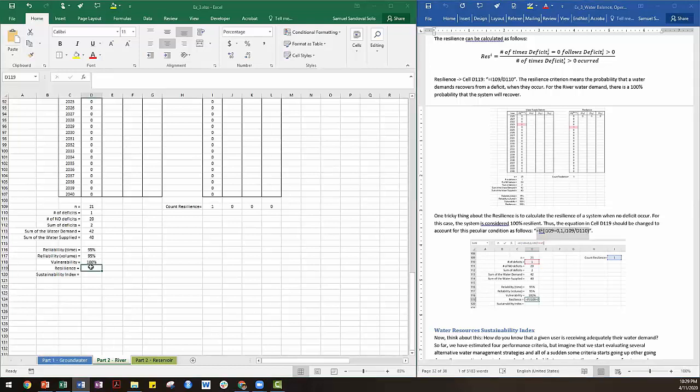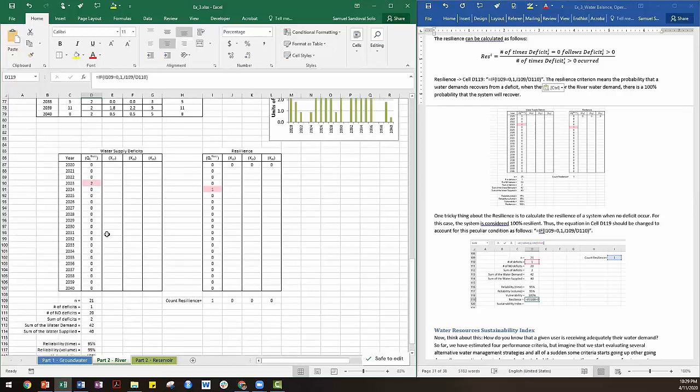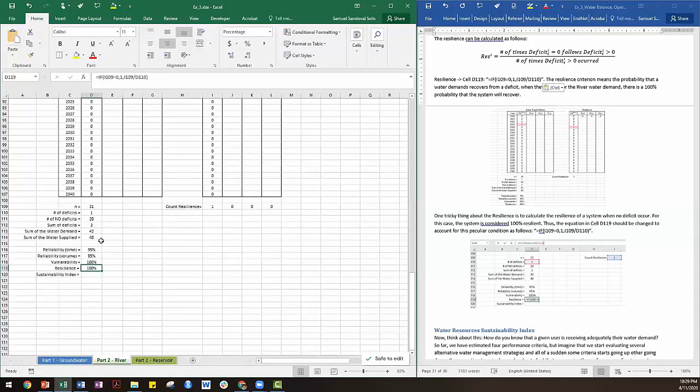Now similarly, that's how you can estimate it in here, okay? It's the number of times that it recovered divided by the number of times that you have a deficit. So when it failed, it recovered. So there is 100% probability that the system will recover.